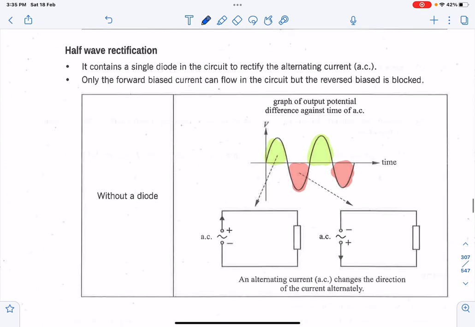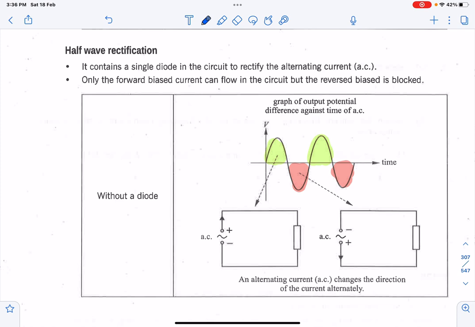Half wave rectification is where a single diode in the circuit rectifies the alternating current. Only the forward bias current can flow in the circuit, but the reverse one is blocked. This happens with alternating current because direct current is always positive, let's assume. But for alternating current, you will have both positive and negative movement.